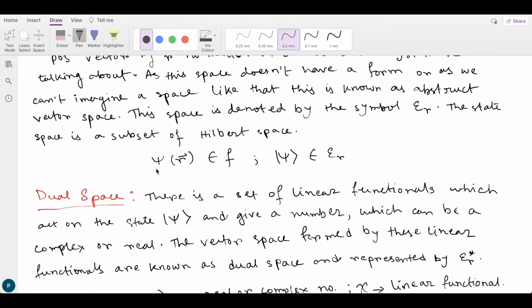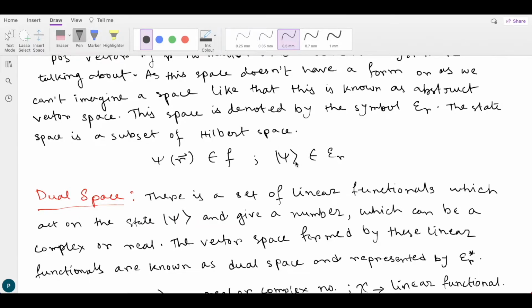So previously we have seen that wave functions belong to a space known as wave function space F. Now we represent the wave function in this manner.